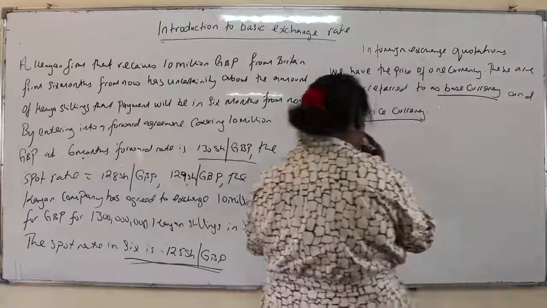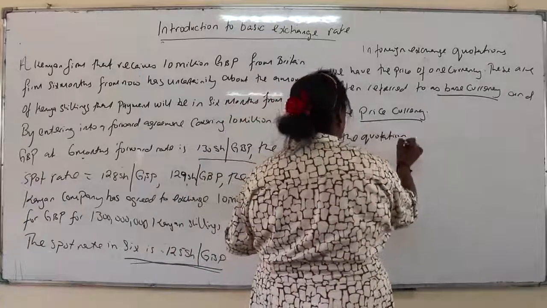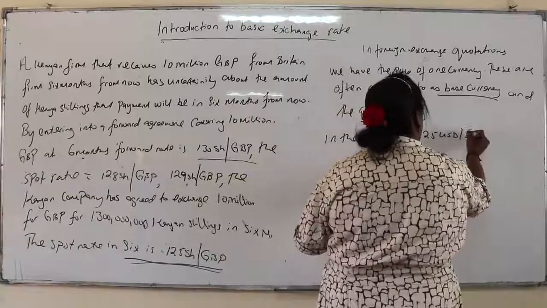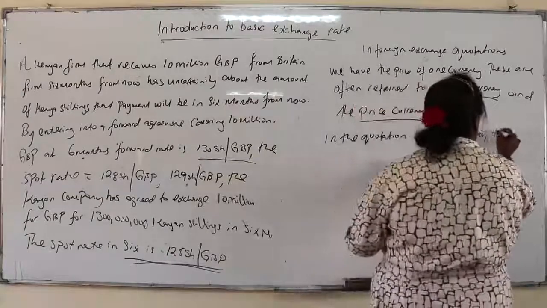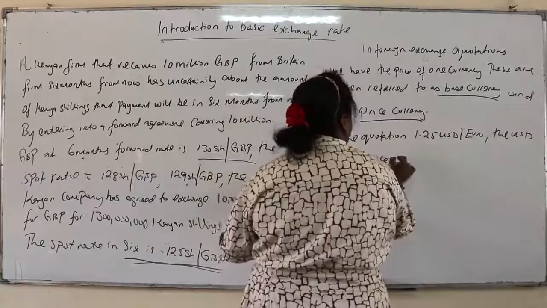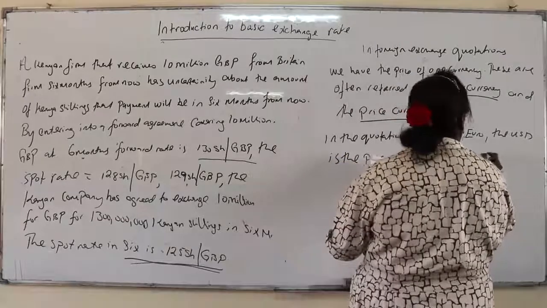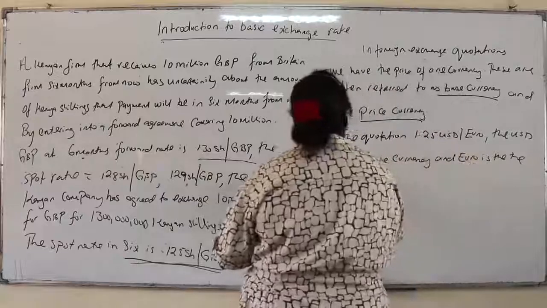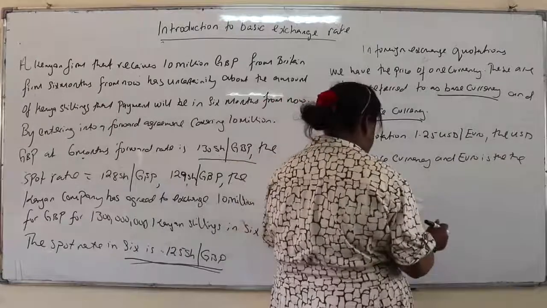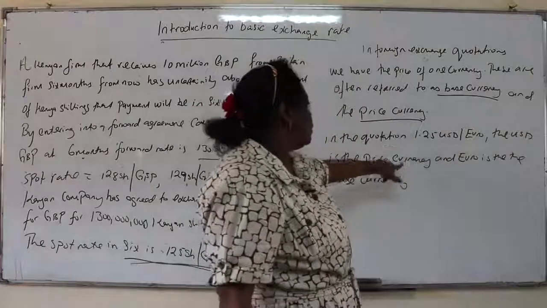So we're going to look at an example. In the quotation, let's say 1.25 US dollar to the euro, the US dollar is the price currency, and the euro is the base currency.